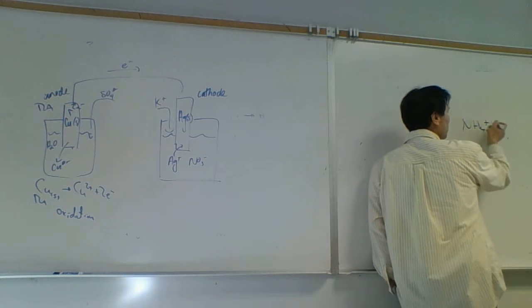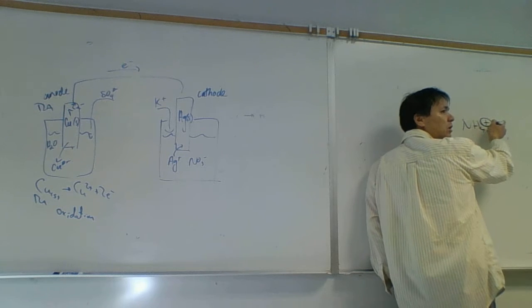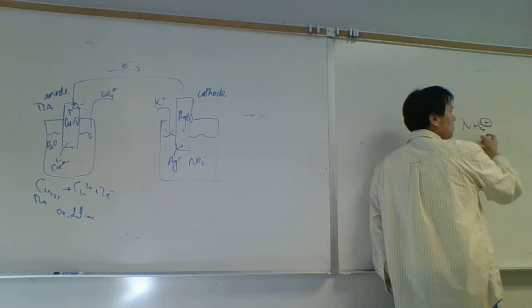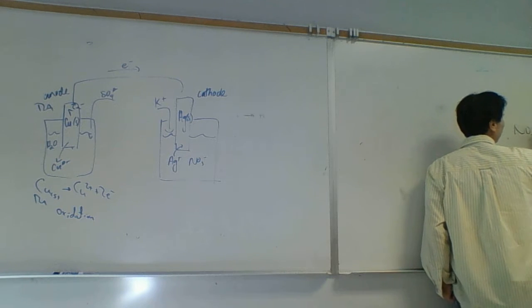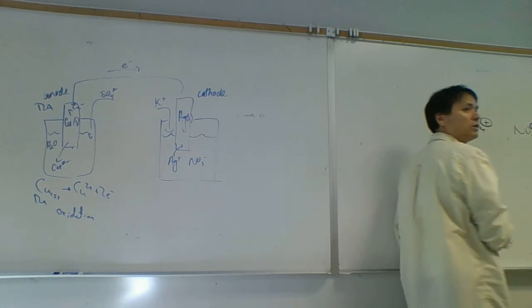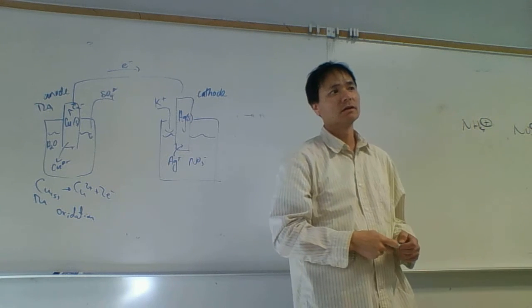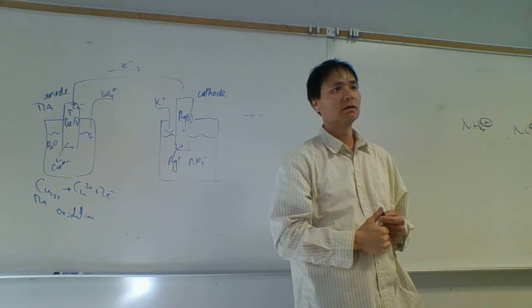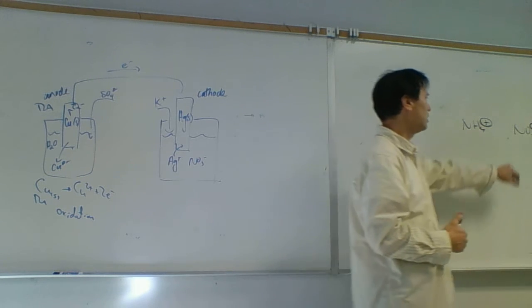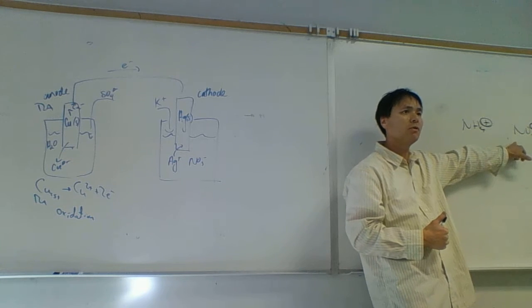A lot of people say electron poor. Positive charge wants negative charge. Nitrate, electron poor, electron rich? A lot of people will say electron rich. Negative charge wants positive charge. But that's wrong. Does anybody remember why nitrate is not electron rich, but electron poor?